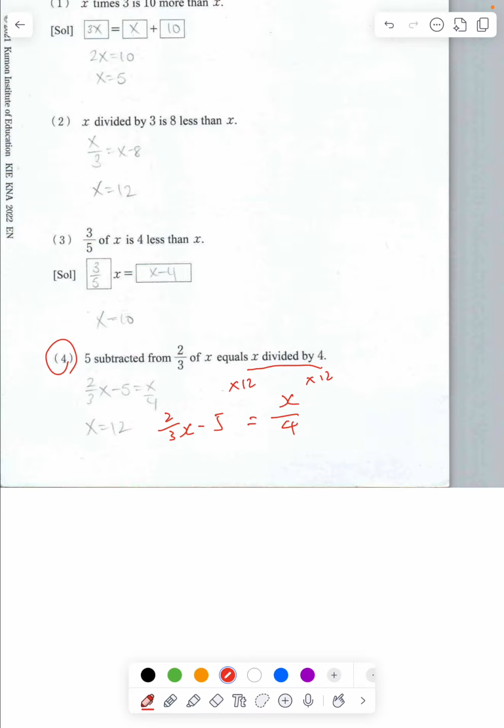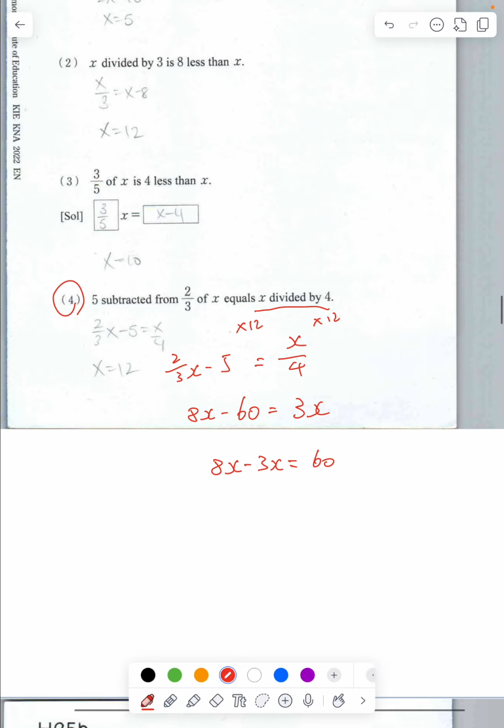So then the left side becomes 8x, okay, minus, you need to multiply that by 12 too. Don't forget. 60, good job, equal to 3x, good. So how do we solve that? 8x minus 3x is equal to 60. So then 5x equal to 60, x equal to 12.